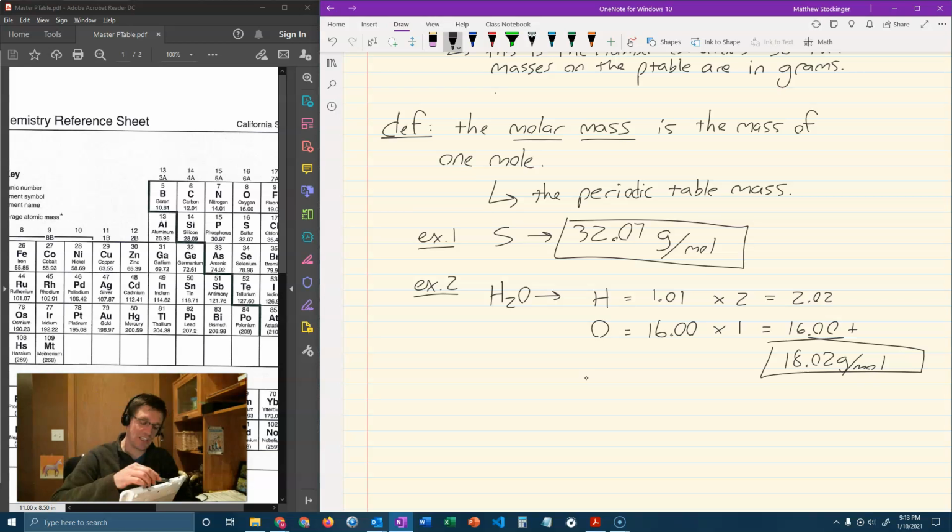And that's pretty much it, right? The mole is a very special number that gives us the power to count atoms, and it helps us do calculations later on. Like, we'll be able to run a chemical reaction, and we'll be able to know ahead of time, if I put 10 grams of A with 10 grams of B, how many grams of my product are we going to get out of the reaction?